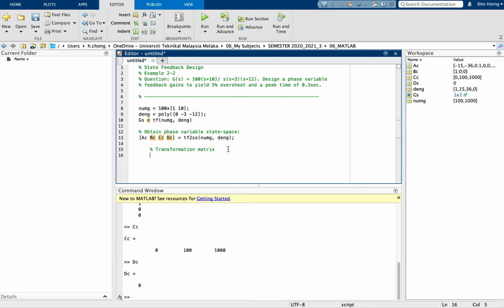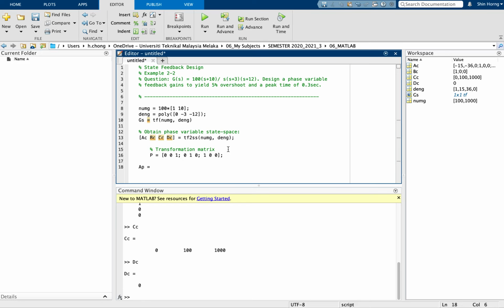P equals, because I have a 3 by 3 system, I need to write them as a 3 by 3 matrix. Then it is 0, 1, 0, and then 1, 0, 0. So first I need to get the AP.